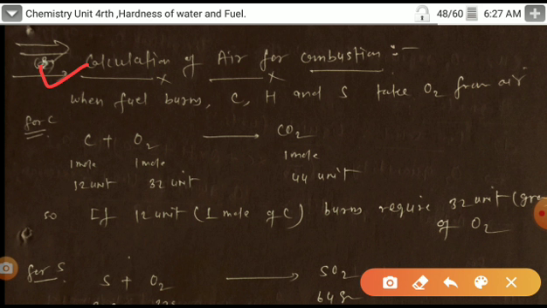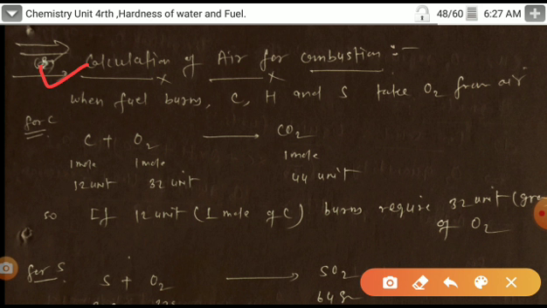Actually, the main component in air which is present for the combustion of a fuel, as you know very well, is oxygen. Oxygen is the main constituent of the air, which is responsible for the burning of fuel.